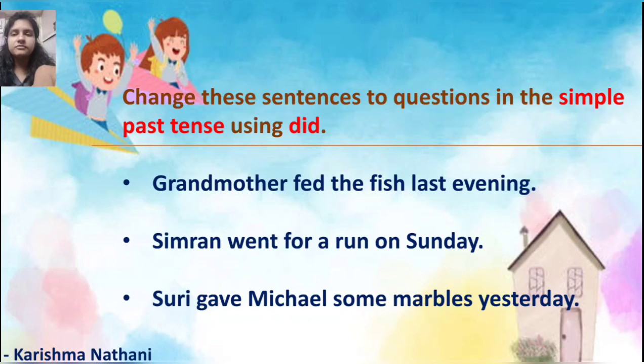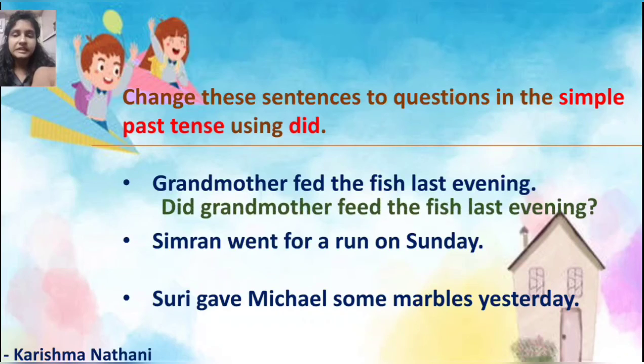Grandmother fed the fish last evening. Did grandmother feed the fish last evening? Question mark. So we are using did here, so we have to put the present form of the verb, feed. And the sentence remains as it is.